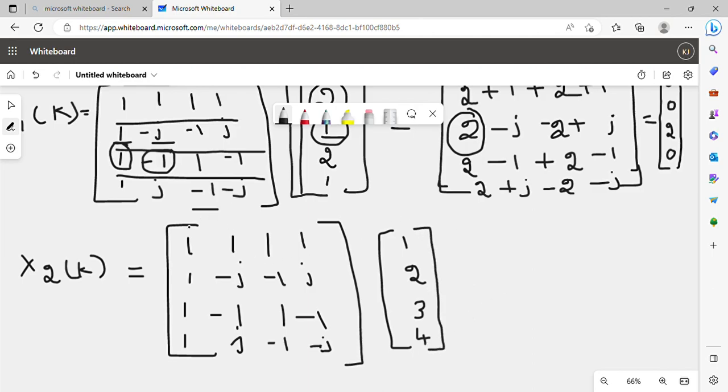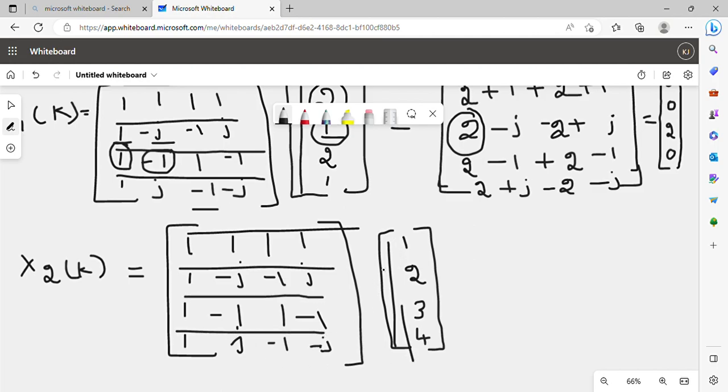Okay, so now the same process: this thing has to be multiplied to this, the second one also has to be multiplied to this, and this thing has to be multiplied to this. So 1 1 1 1 has to be multiplied to 1 2 3 4, that is 1 into 1, 1 into 2, 1 into 3, and 1 into 4, and this 1 minus j minus 1 j is to be multiplied to 1 2 3 4, that is 1 into 1, minus j into 2, minus 1 into 3 and j into 4, like that.